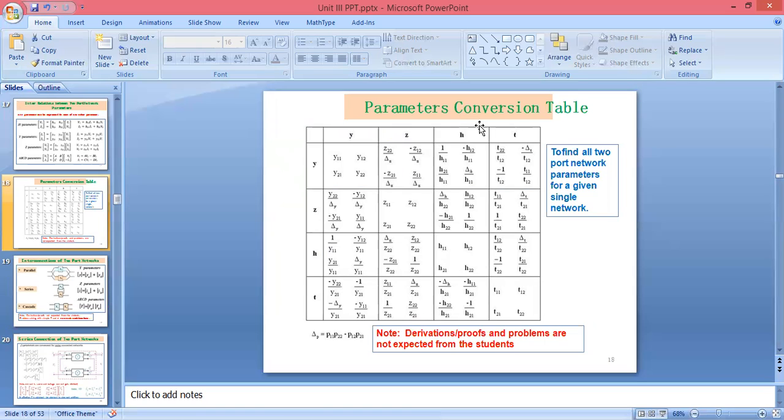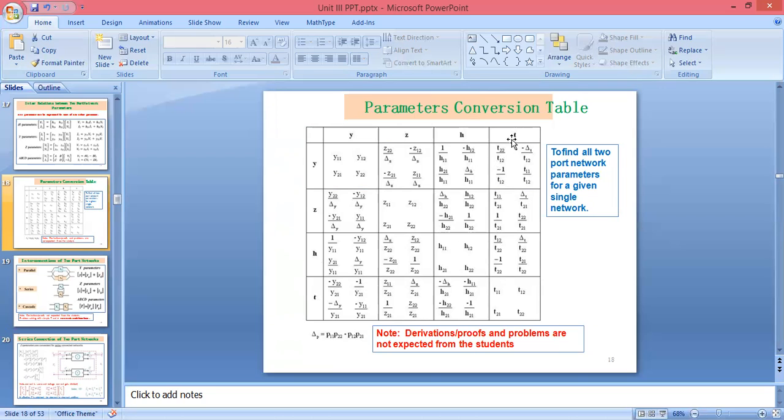What we can do? We can take the 4 by 4 matrix. I have written here first row, first column Y, second row, second column Z. Third row, third column I have taken as H. Fourth row, fourth column, T is nothing but transmission.